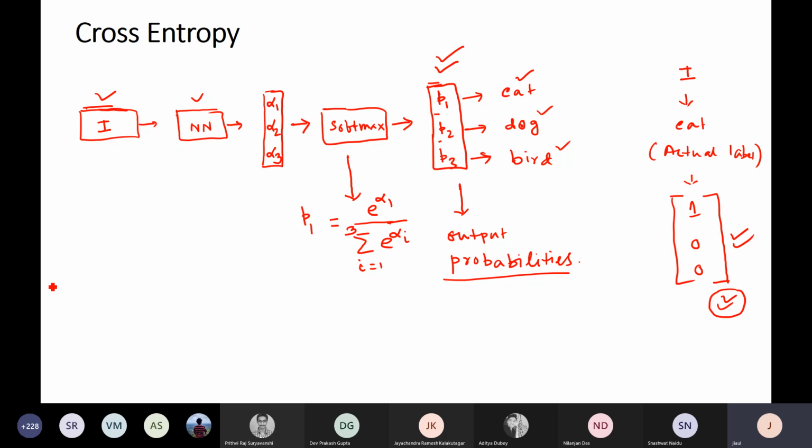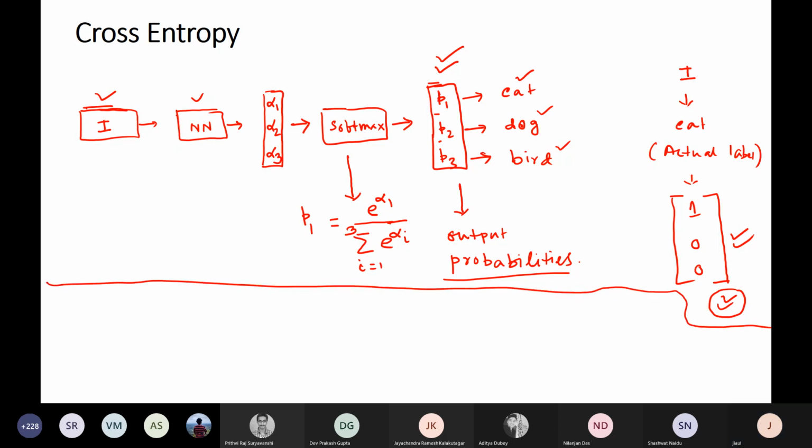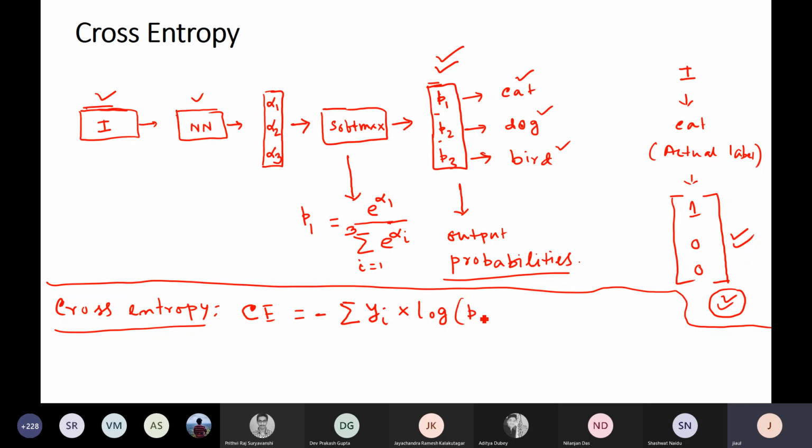Cross entropy, which I'm denoting as CE, is equal to minus summation of yi into log of pi, where i equals 1 to n.